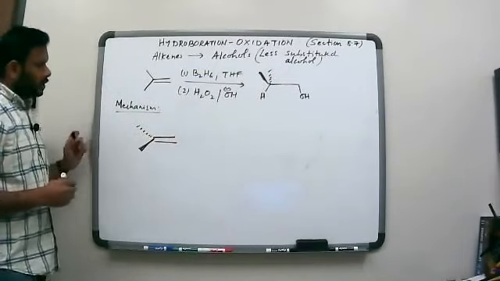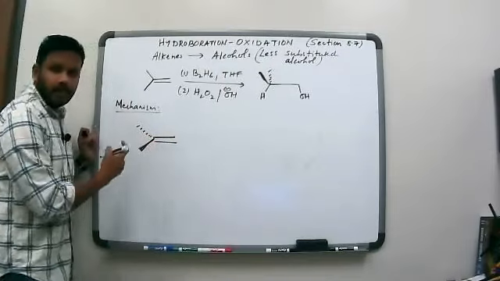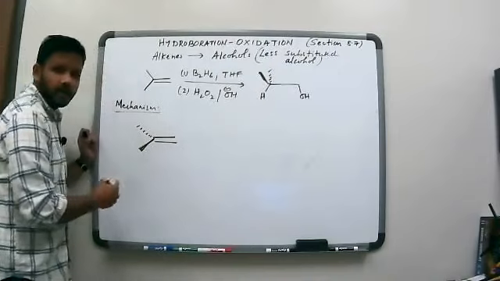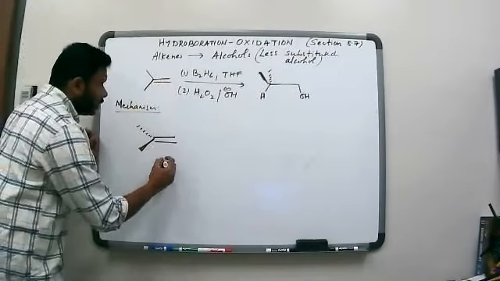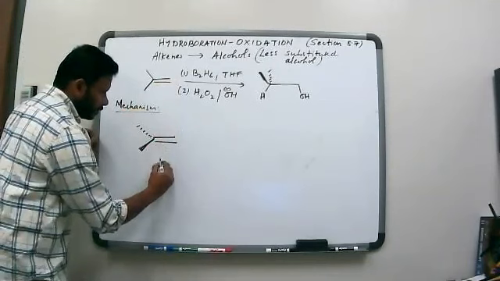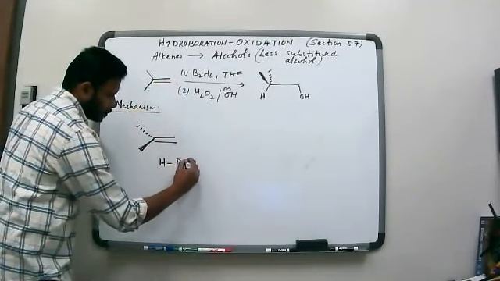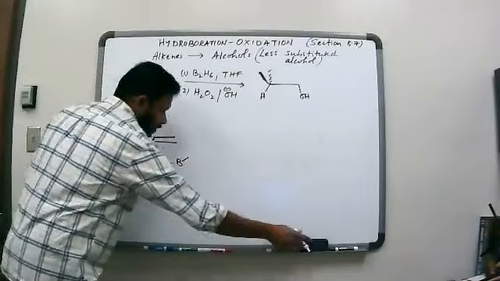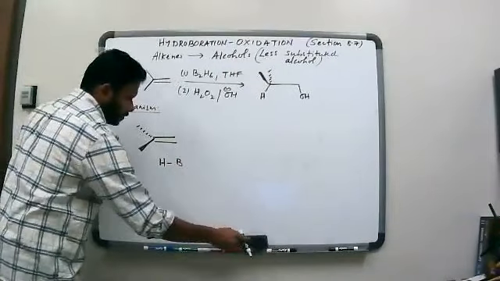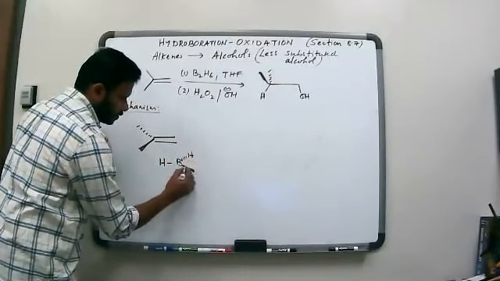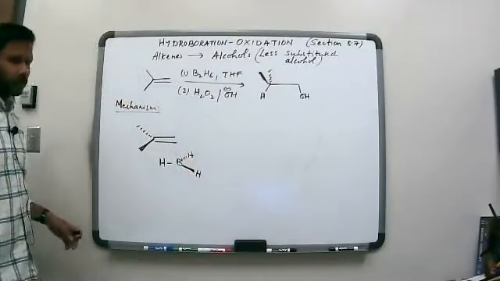So that's the alkene. The alkene is a nucleophile as usual. And then we have the borane reagent. We'll use the simple unit, which is BH3. We'll just use the simplest unit for our discussion.